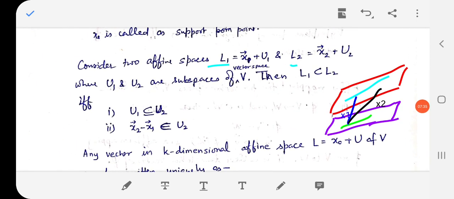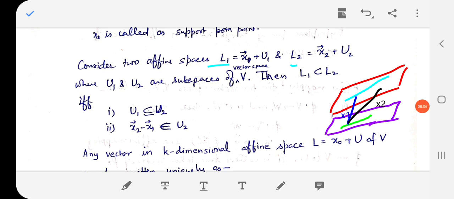Consider two affine spaces L1 and L2, where U1 and U2 are subspaces of V. The affine spaces follow the subset property if and only if, first of all, U1 is a subset of U2. If U1 is not a subset of U2, then L1 cannot be a subset of L2, because they are not in each other.